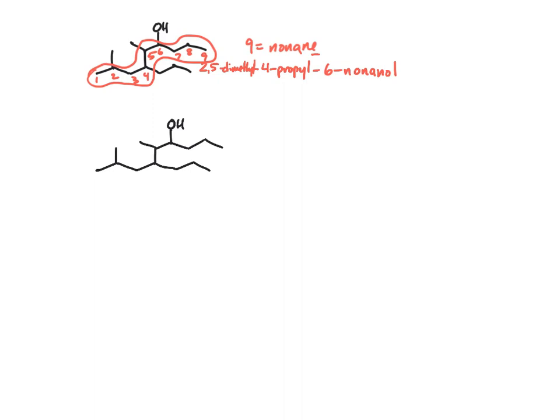So I'm going to take that longest chain and I'm going to number it the other way in blue. And I skipped a carbon. 5. So there it is the other way. We already know what the substituents are: methyl, propyl, and alcohol. The alcohol is the main functional group. Now it's at the 4 position.